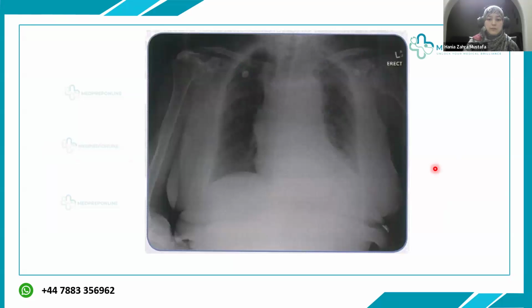Moving on to the next one. Can anyone comment on this one? Yes, this is typical of aortic dissection.